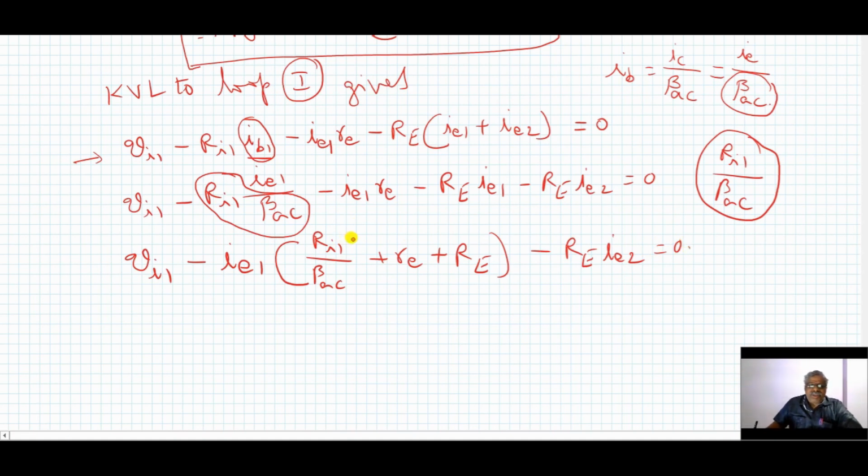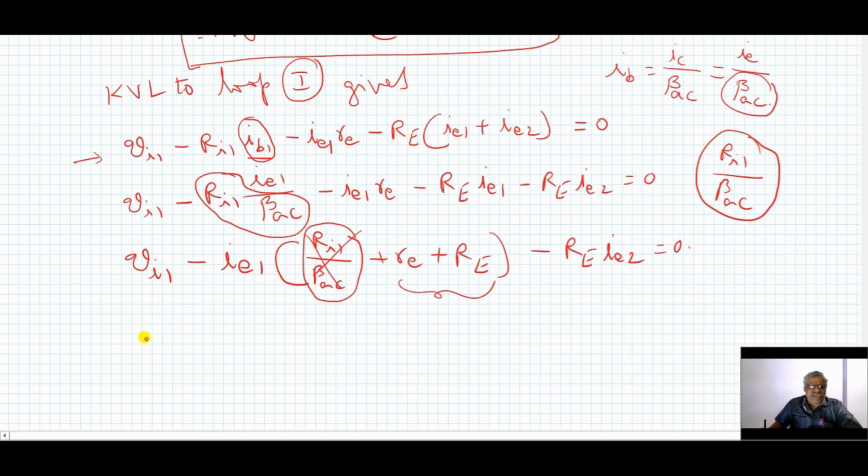Now, as I said earlier, this component is much smaller in comparison with the sum of these two resistances. Hence, this can be neglected. So, neglect this component and send this Vi1 to the right side.